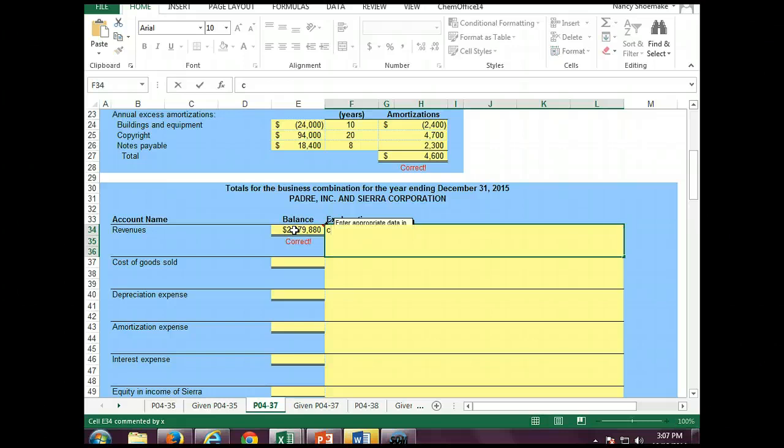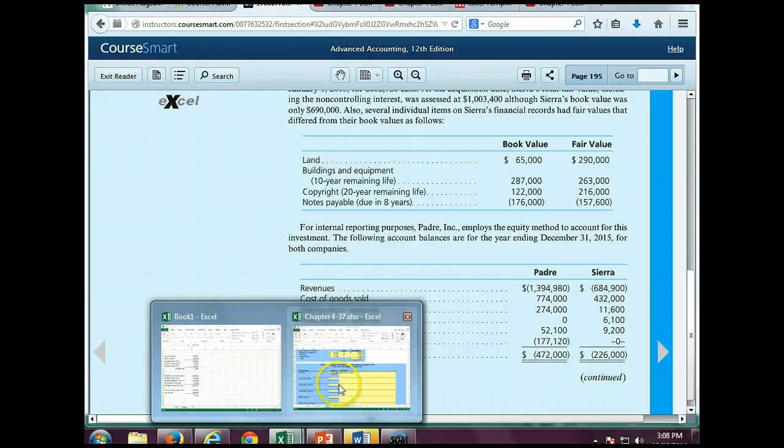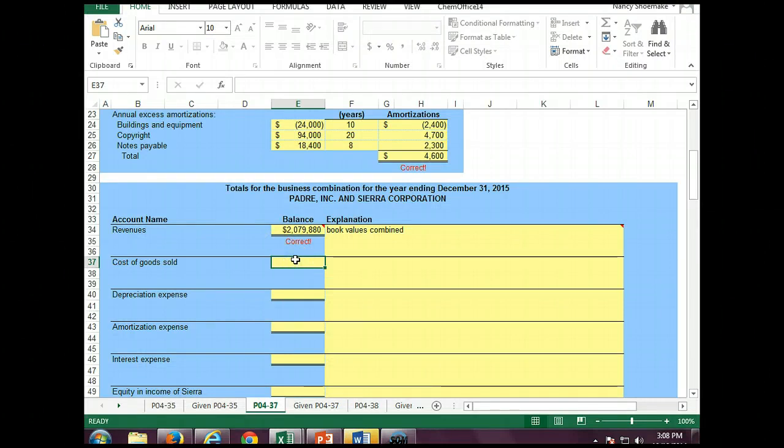So this is book values combined. Okay? What about our cost of goods sold? It's going to be the same way. We just combine the book values. What is it? $774 plus 432 is 1,206,000 book values combined.